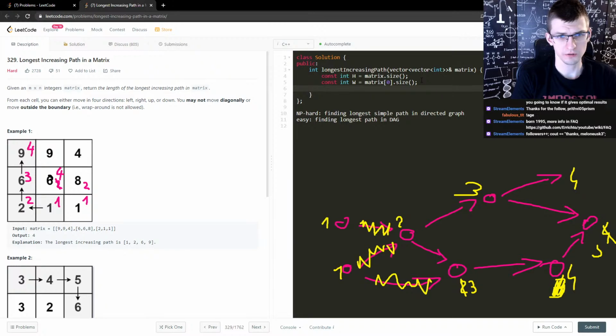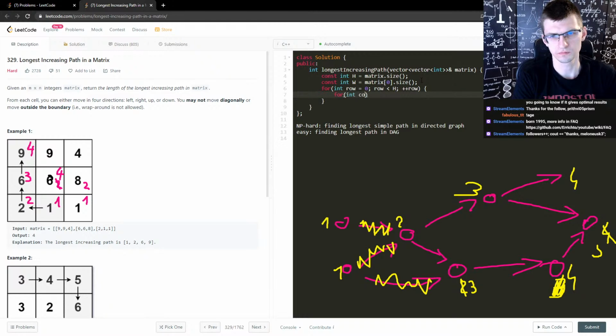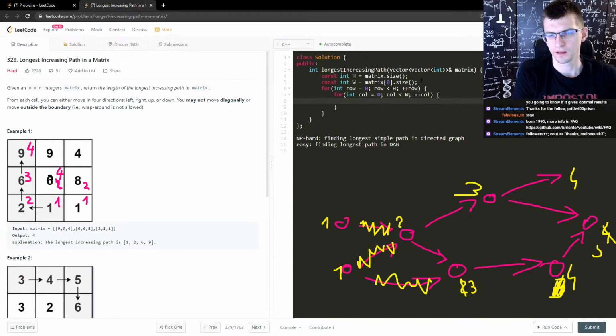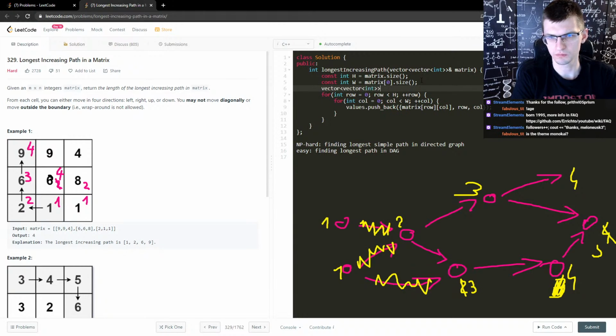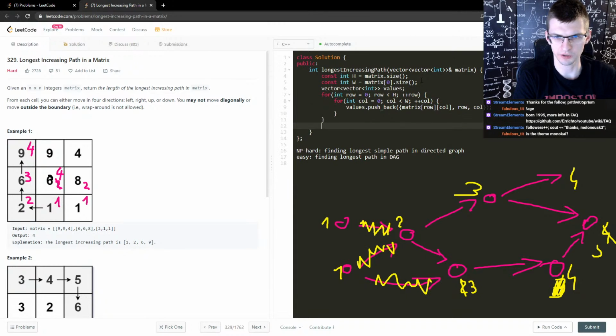And what now? Sort all the cells. Values pushback, and let's take a vector with value and position to then sort them increasingly.